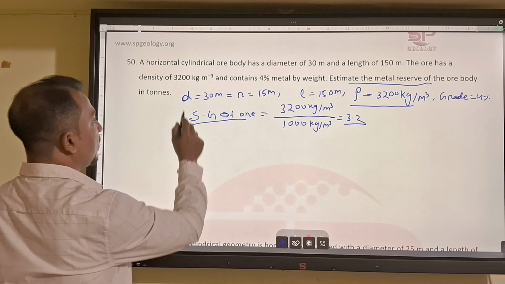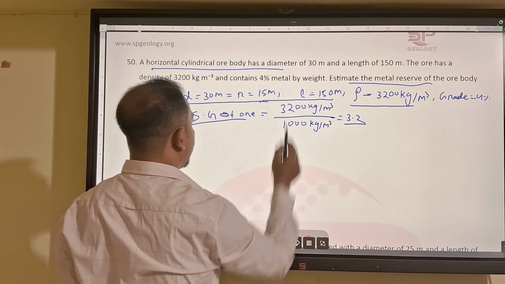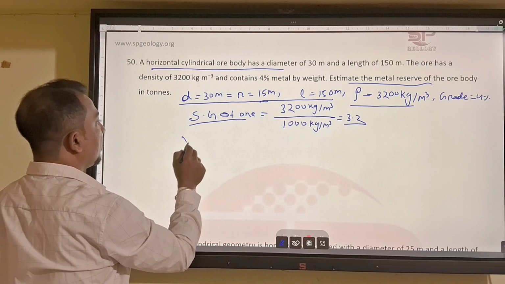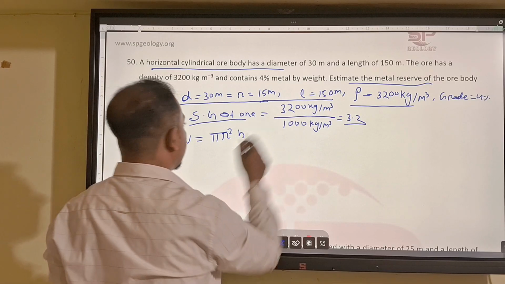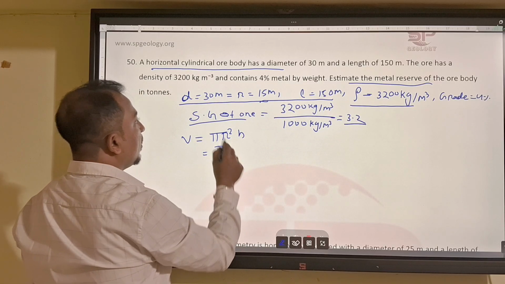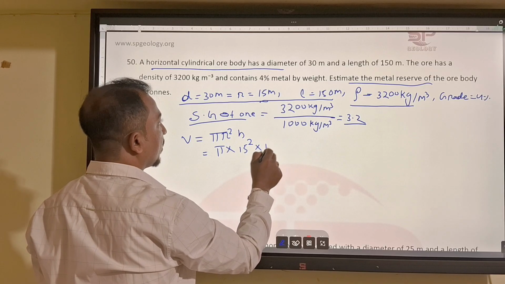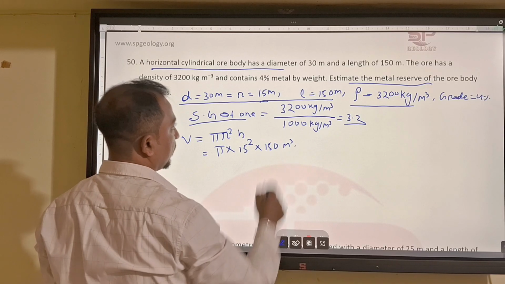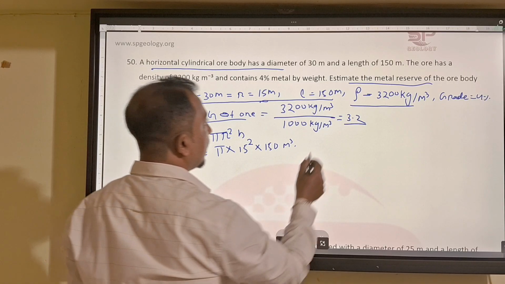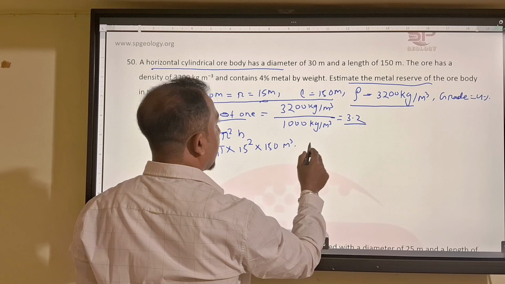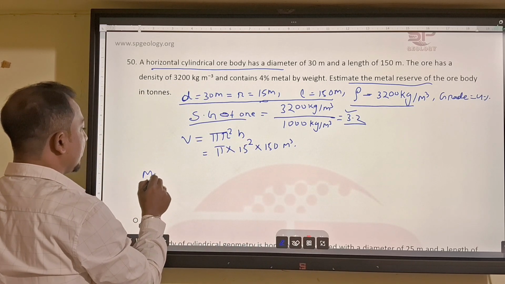First, we have to calculate the volume. The ore is a cylindrical ore body, so the volume will be pi r square h. H is here the length. So pi into r square, 15 square, into 150, in meter cube. Then this is our specific gravity, this is our grade. So what will be the metal content?